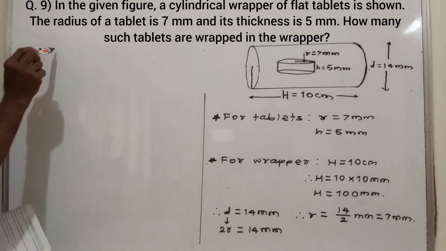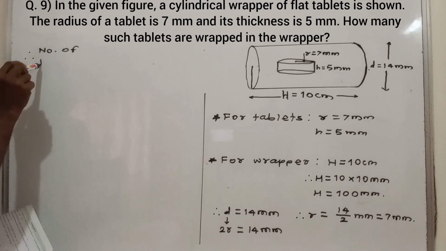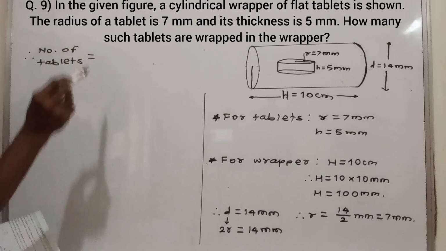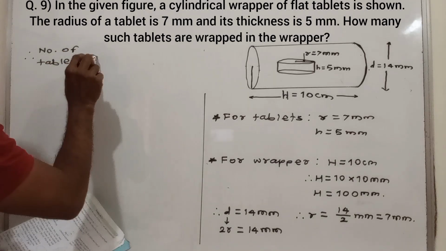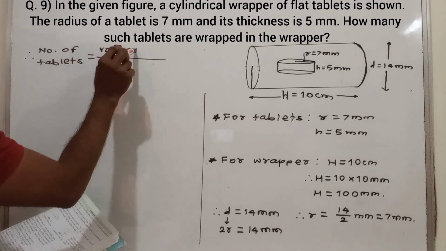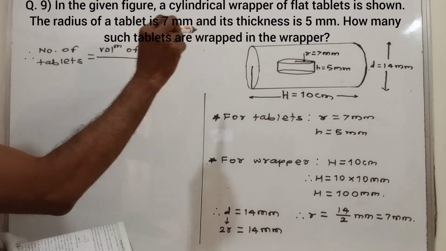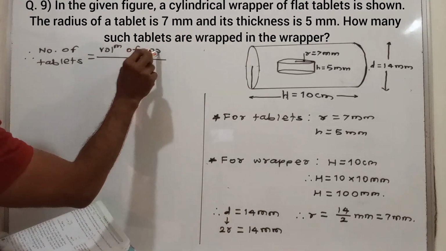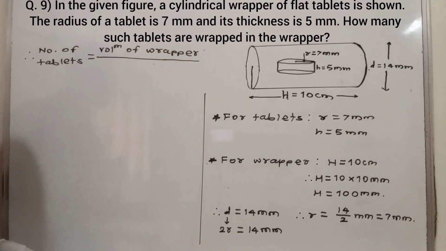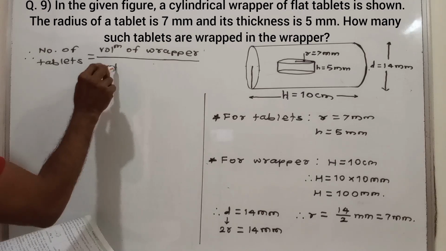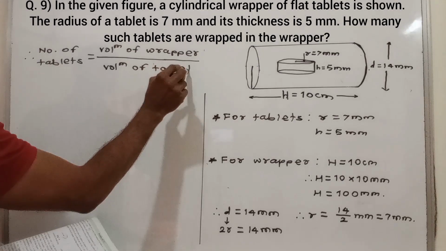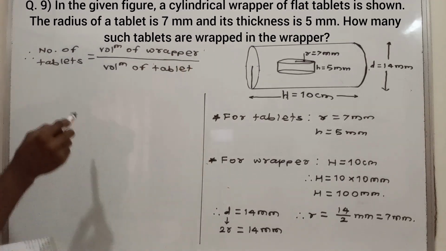Therefore, number of tablets is equal to volume of cylindrical wrapper upon volume of tablet. Did you get it?